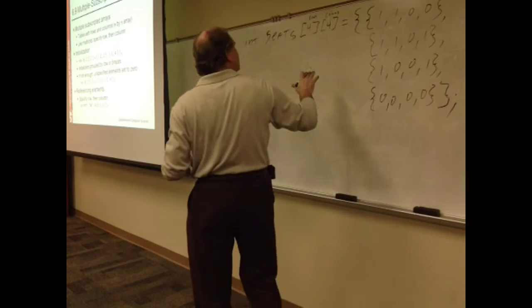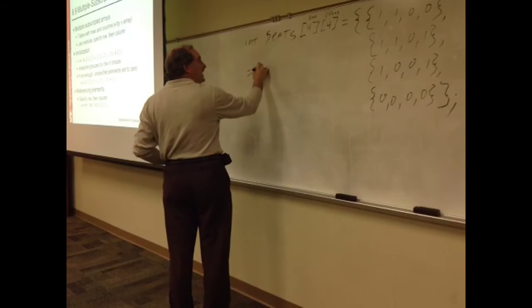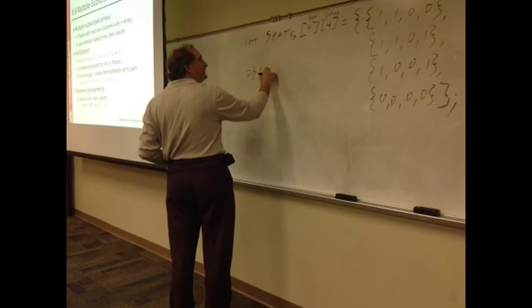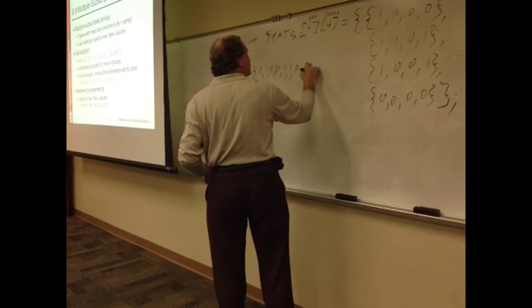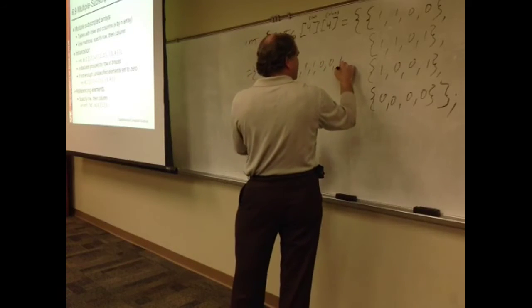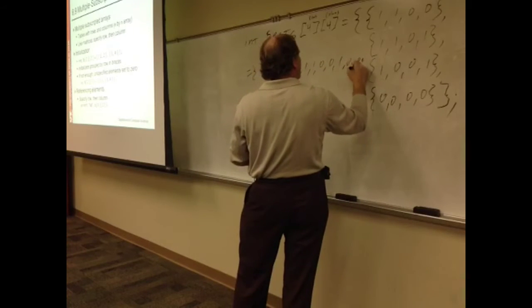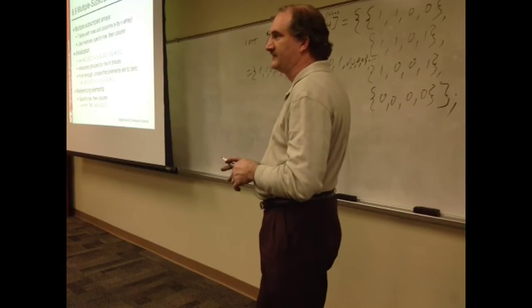Another way you could do it is just say equals, and put them all out there. 1, 1, 0, 0, 1, 1, 0, 1, 1, 0, 0, 1, 0, 0, 0, 0. On one big, long line.